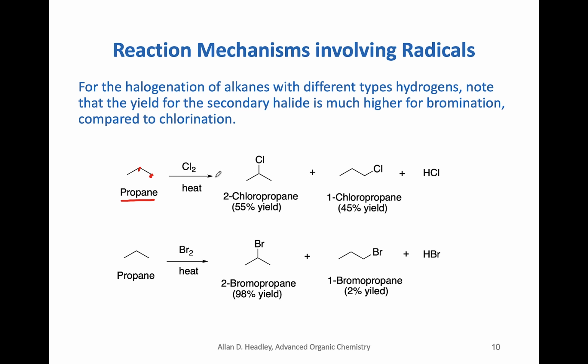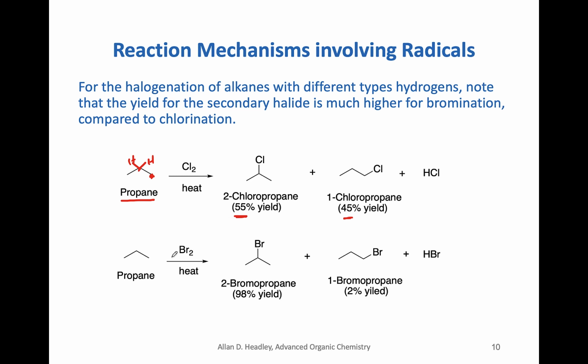Notice there are 2 possible products because it can take off this hydrogen or one of these hydrogens here. If it took off one of these hydrogens, we have this product, and one of these hydrogens here, we have this product. Notice the concentration of the products though. It's almost equal, just slightly more of the 2-chloropropane.